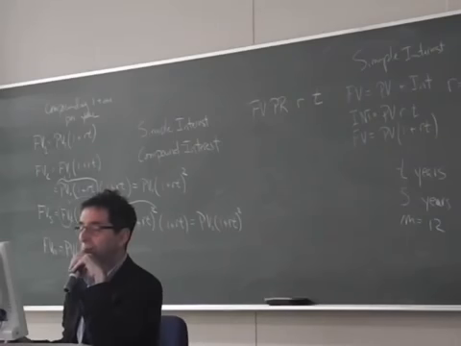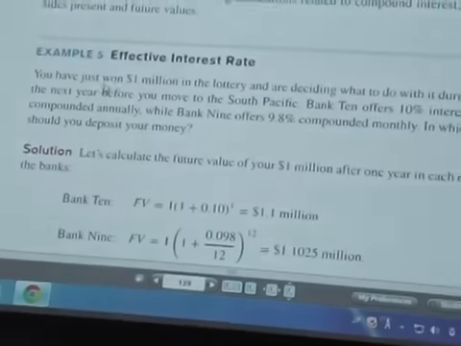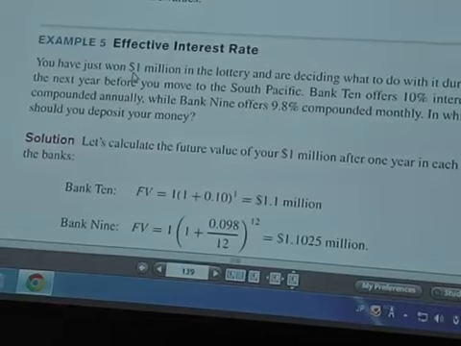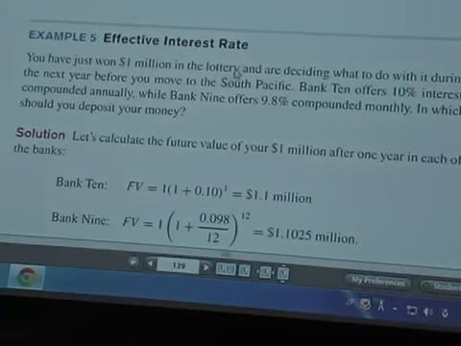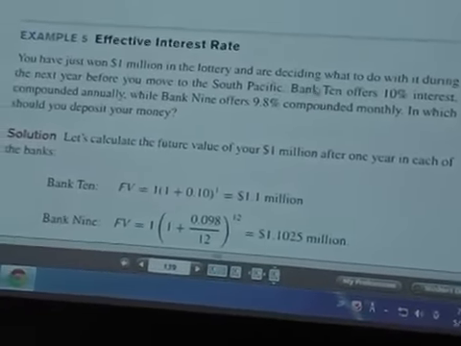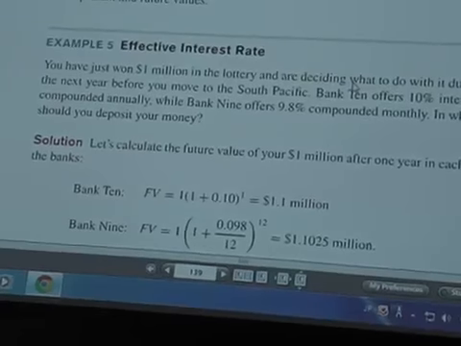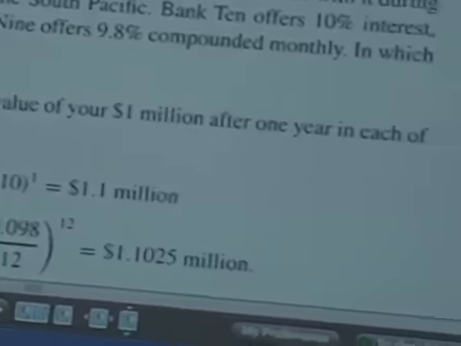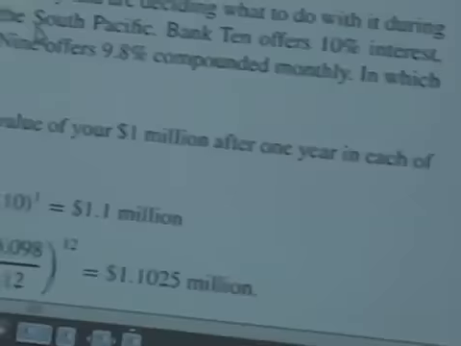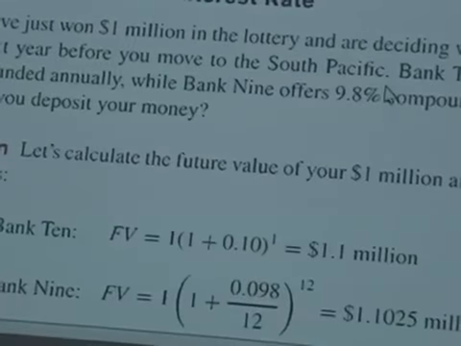Okay, let's do one more. Effective interest rate. You have just won $1 million in the lottery and are deciding what to do with it during the next year before you move to the South Pacific.